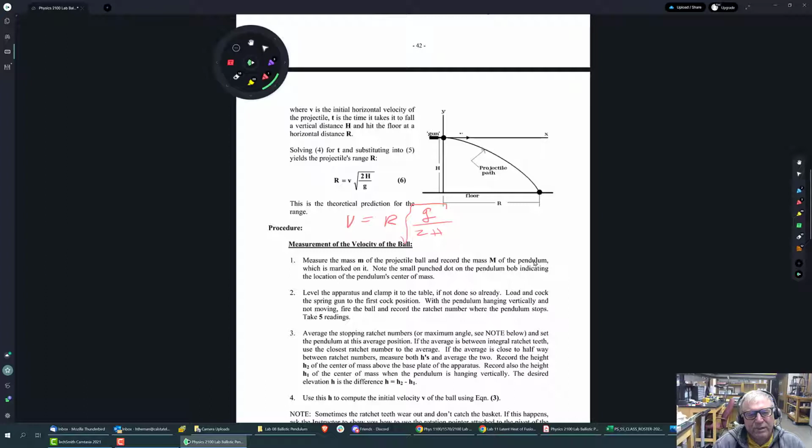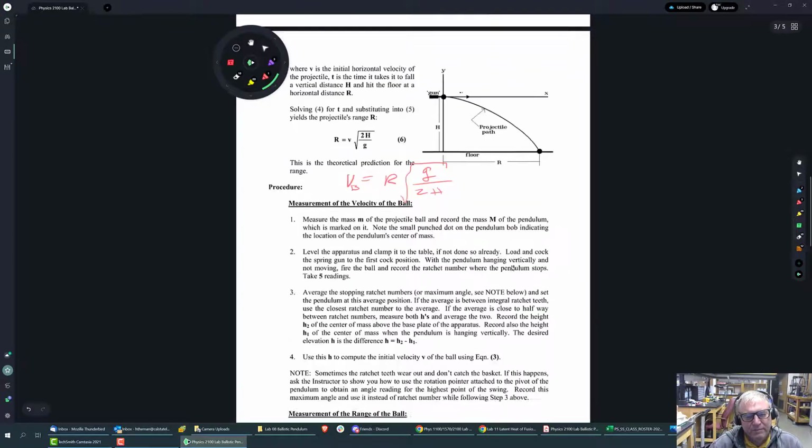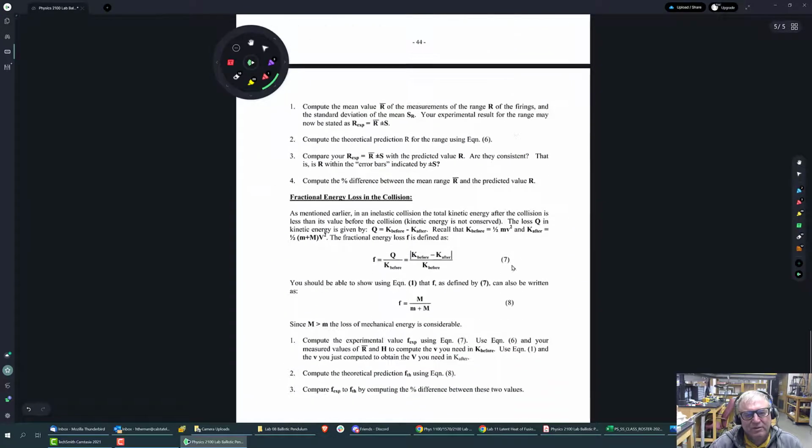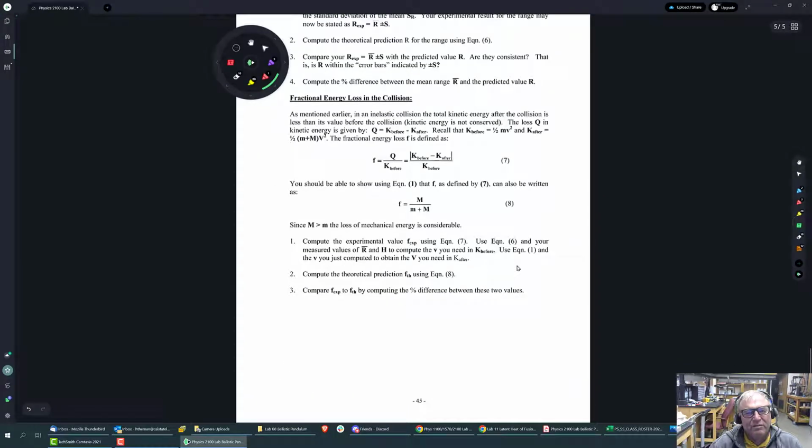You're going to get 5 V bullets this way from shooting it and recording the range where it lands. And remember, we consider that to be the accepted value. We already know all this, and this fractional energy loss is not necessary. We're not going to get into that. We already studied that elsewhere.